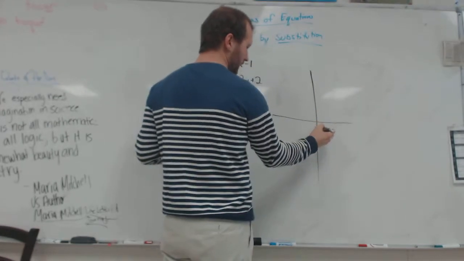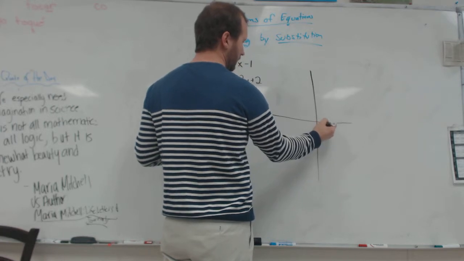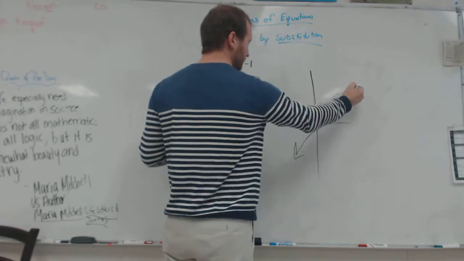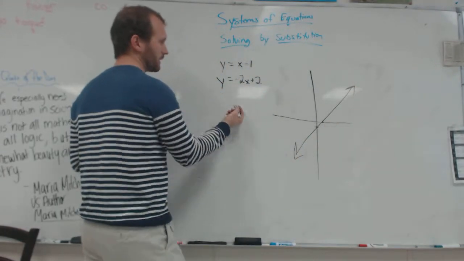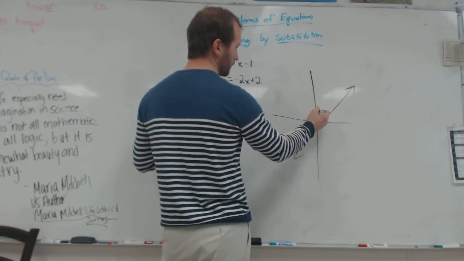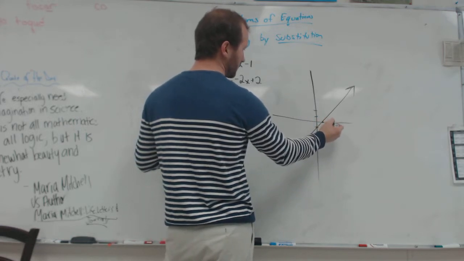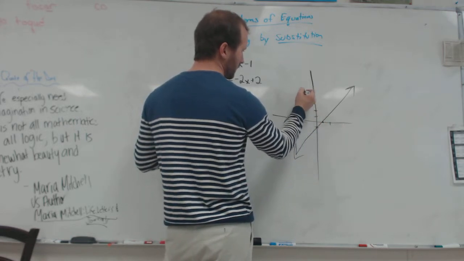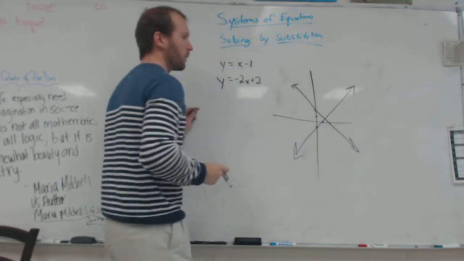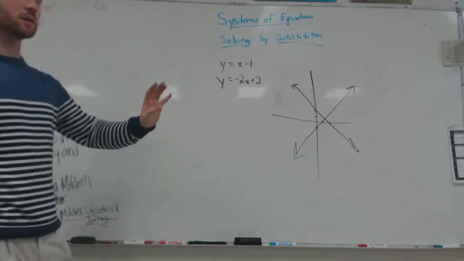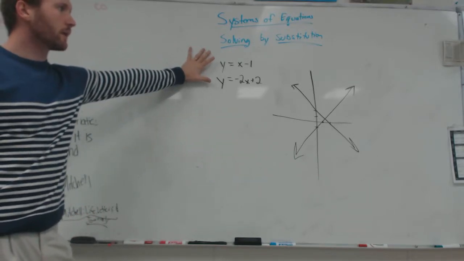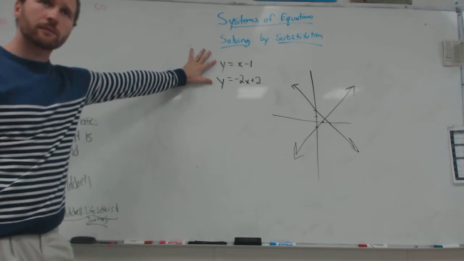Go down 1 and go up 1 over 1. We'd have one line going like this, and then a line going down 2 over 1. So we're going to have two lines. But we're not going to do this. I'm just explaining what a system of equations is.